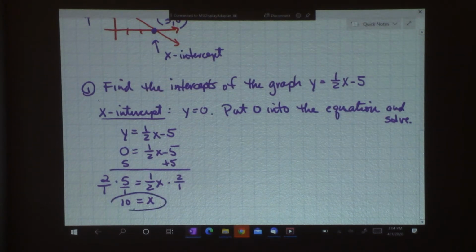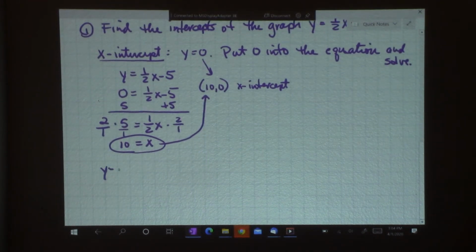So now if I was going to write that as a point, I would say that it's 10, 0, because x is 10, and I know that y is 0 for the x-intercept. So that is my x-intercept right there. That's where it crosses the x-axis. All right, let's find the y-intercept.